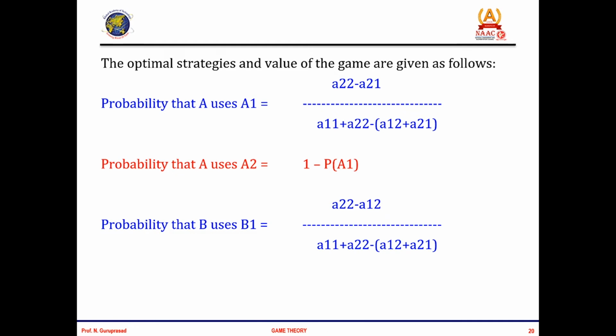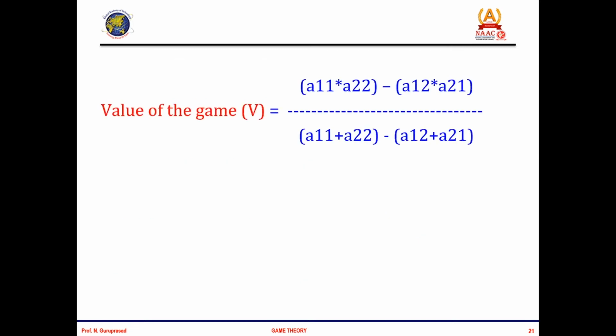Similarly, I proceed for B: I have the probability of B1, and the probability of B2 is 1 minus the probability of B1. Once I know the strategies adopted by both players, I proceed to find the value of the game, termed V, and the formula for it is in front of you.